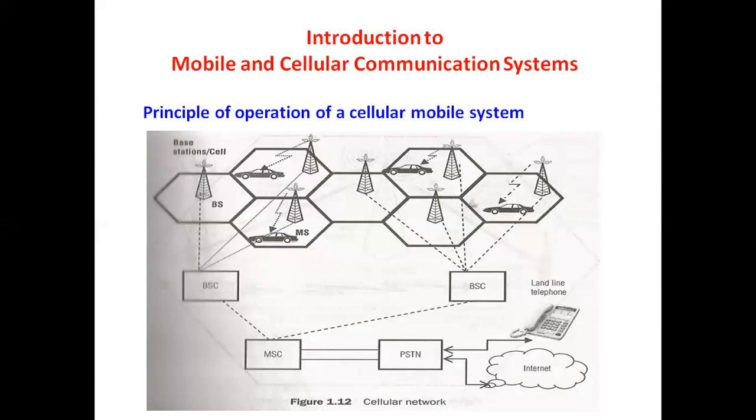On the screen, we see that the mobile stations are connected to base stations and base stations are connected to the base station controller. All base station controllers are connected to the mobile switching center. The mobile switching center is connected to the internet through the public switched telephone network. This is the way the cellular network is operated.